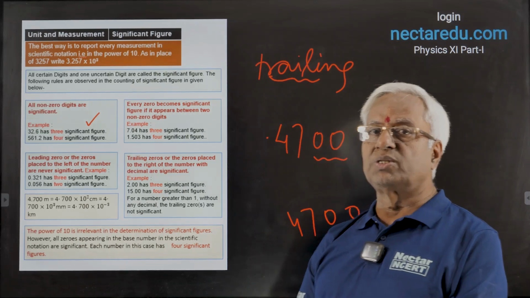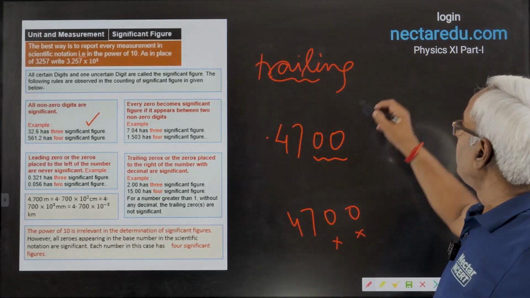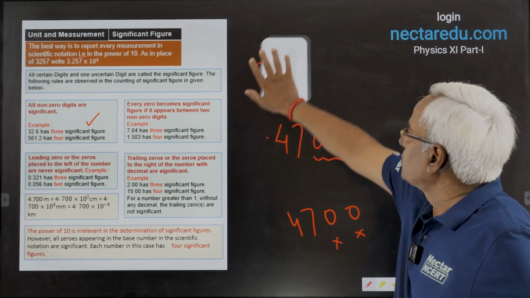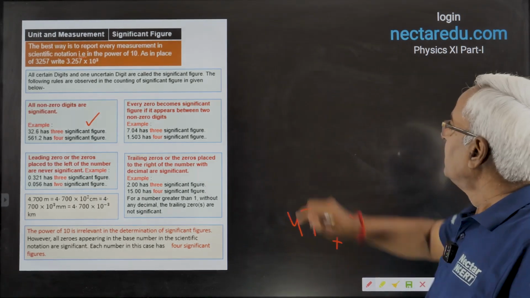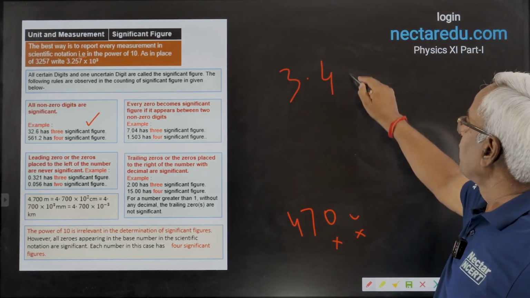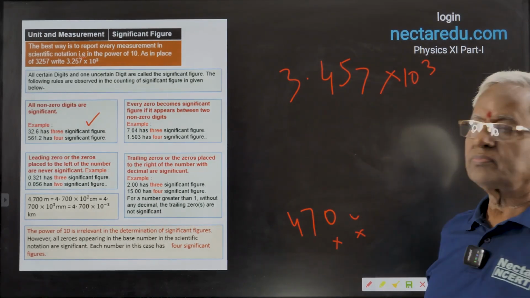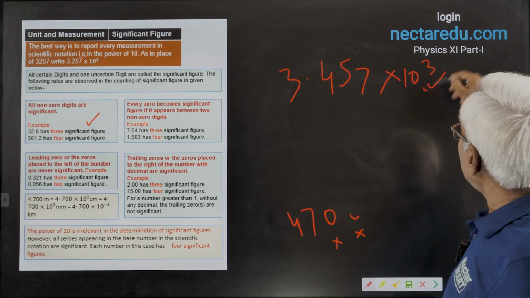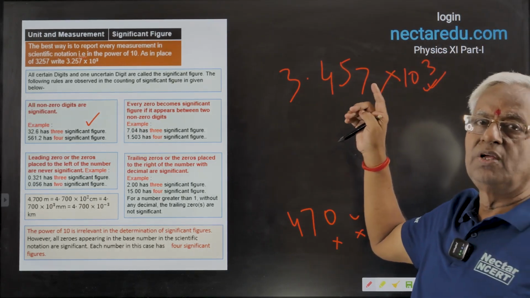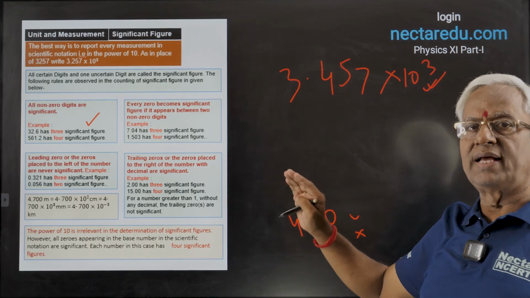You see, in the base number, I told you for writing a number scientifically, one has to put the decimal after one digit. Suppose this is 3.457 times 10 to the power 3. These powers, these exponents, will never be considered as SF.